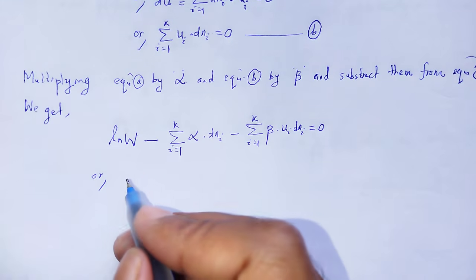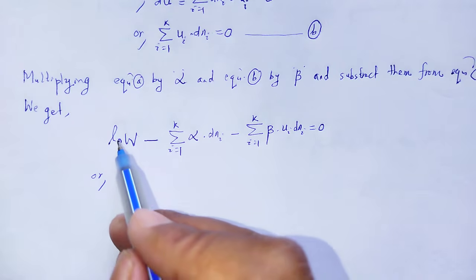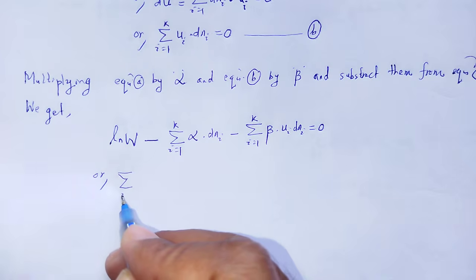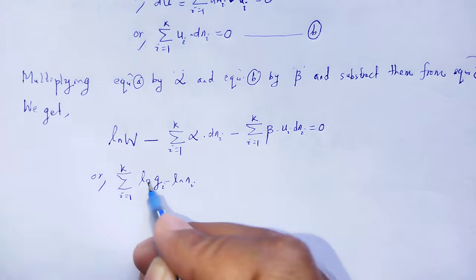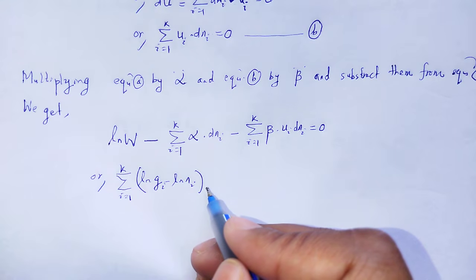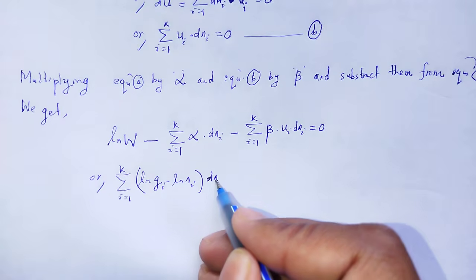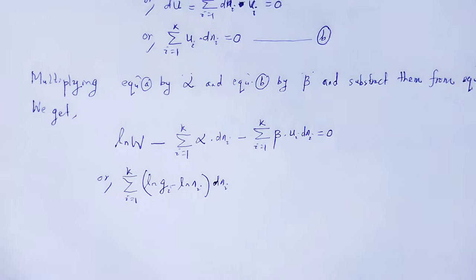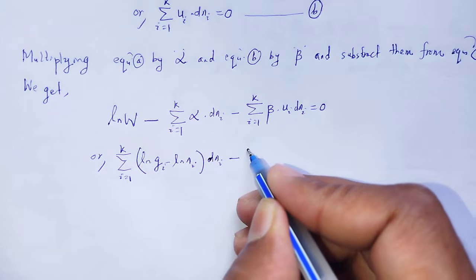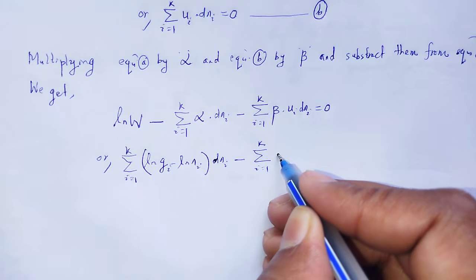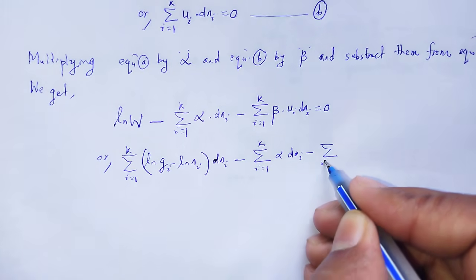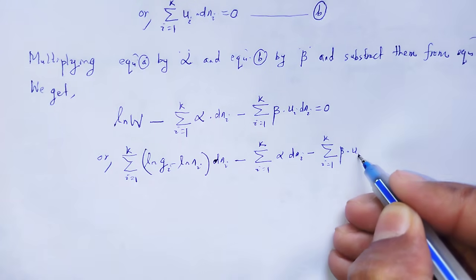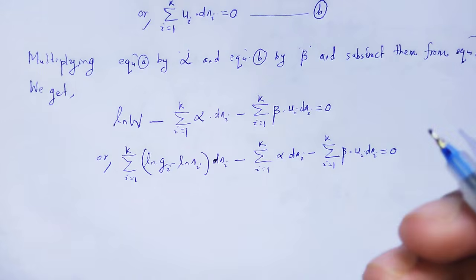Or summation over i from 1 to k ln Gi minus ln Ni dNi, this is the value of d ln W as I wrote in equation number 3, minus summation alpha dNi minus summation beta Ui dNi is equal to 0.